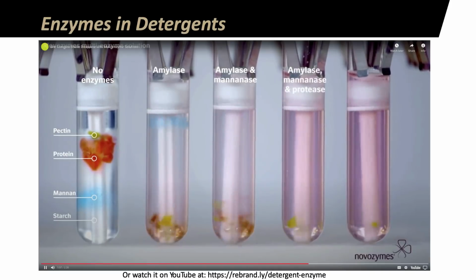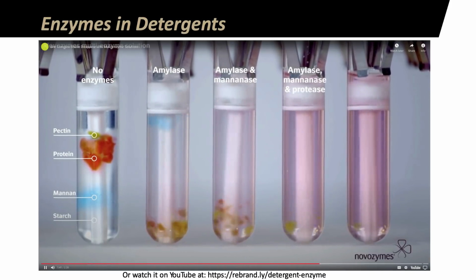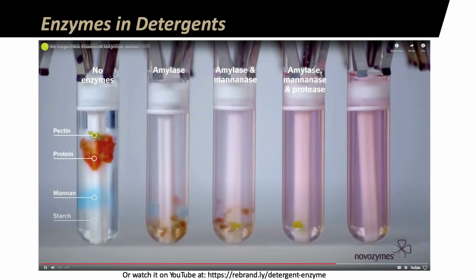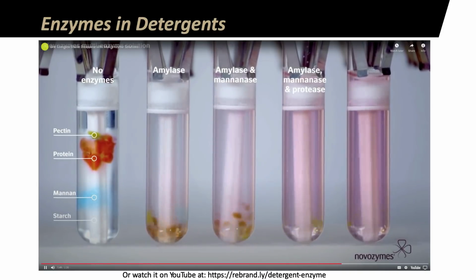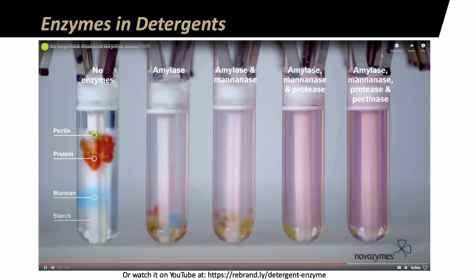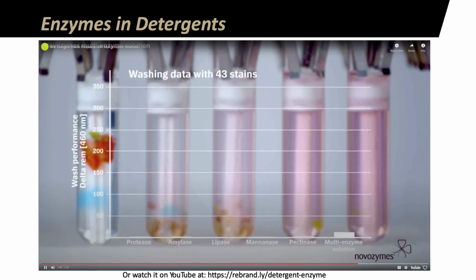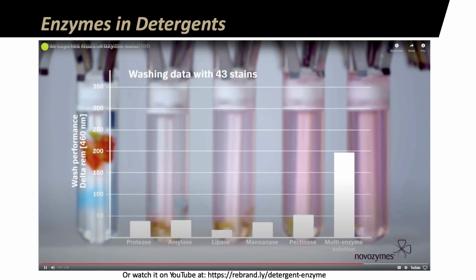Meanwhile, the enzymes in test tube number 4 are quickly helping each other work through the stain. Just the pectin remains here, since there's no pectinase in the detergent. Only the last test tube has enough combined enzymatic power to fully degrade the complex stain.